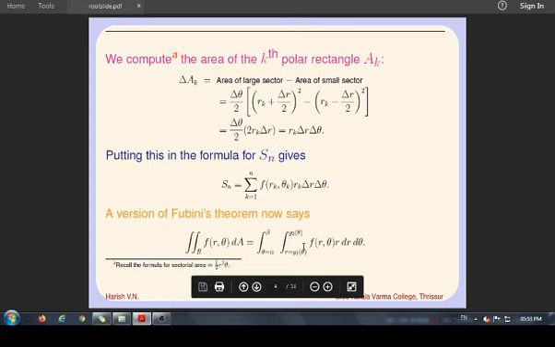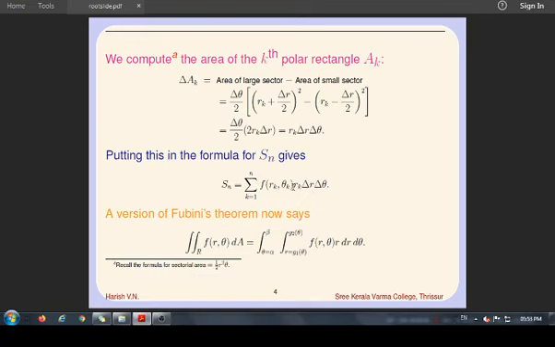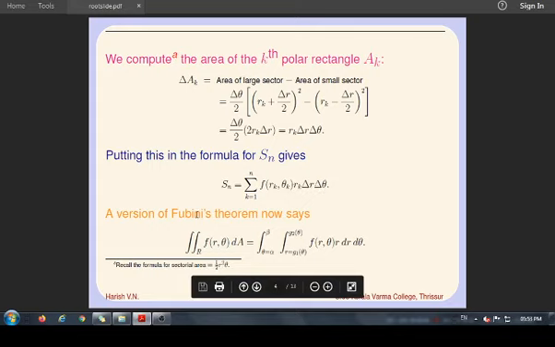So instead of dA, what I have here is r dr d theta. That is what Fubini's theorem says.